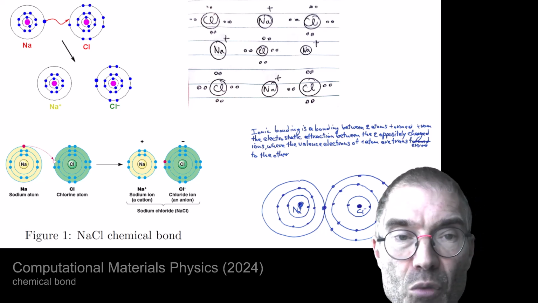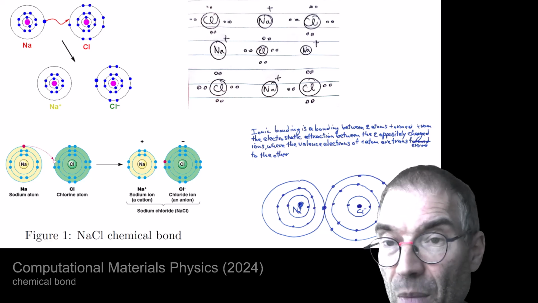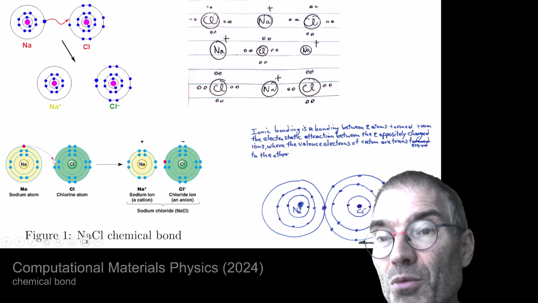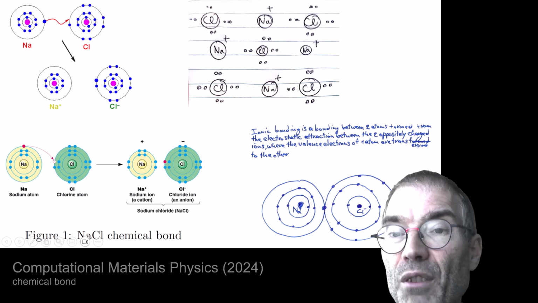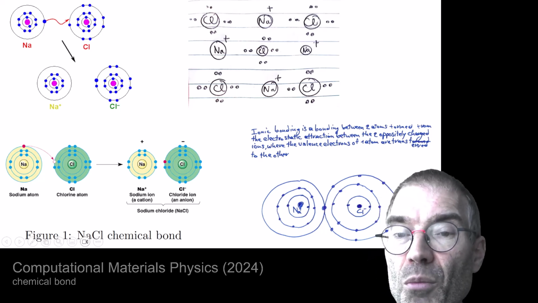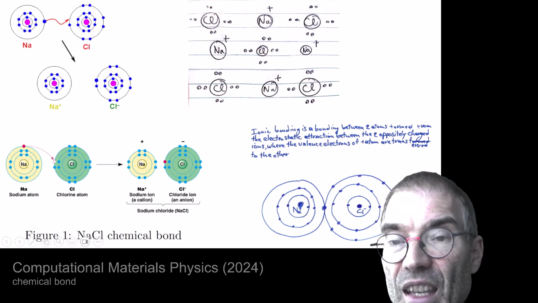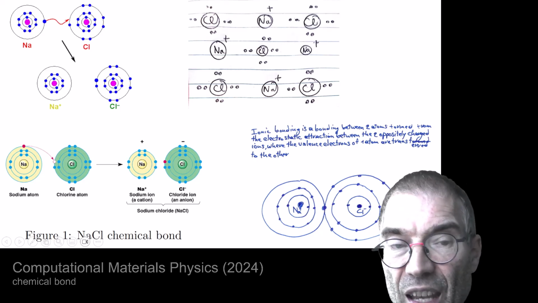And these are a few of the pictures you submitted, where, as in many textbooks, you take one electron away from sodium, you give it to chlorine, and therefore you get a positive sodium ion, a negative chlorine ion, and they electrostatically attract each other, and that lowers the energy.